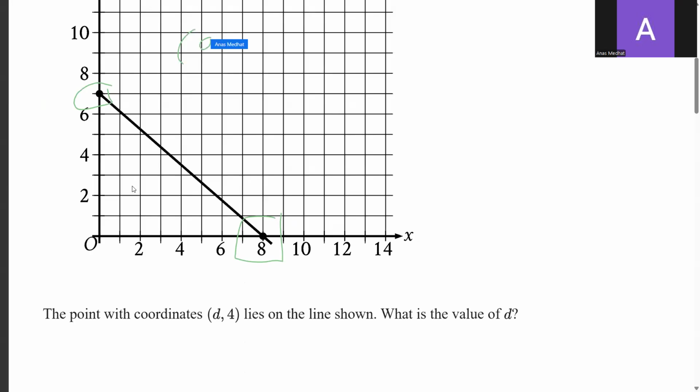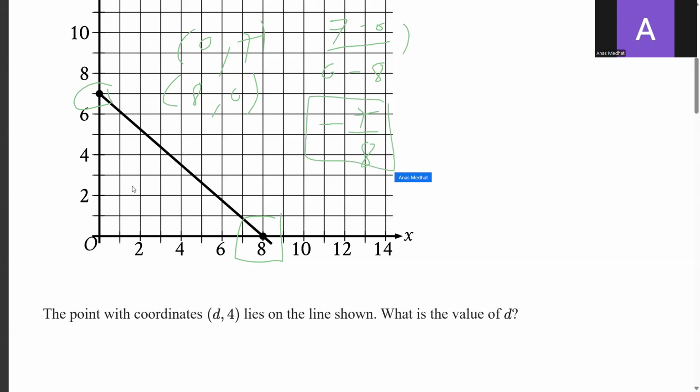Let's take this point and this point: 0, 7 and 8, 0. Let's get the slope. Y2 minus y1 over x2 minus x1. 7 minus 0 over 0 minus 8. We get negative 7 over 8.